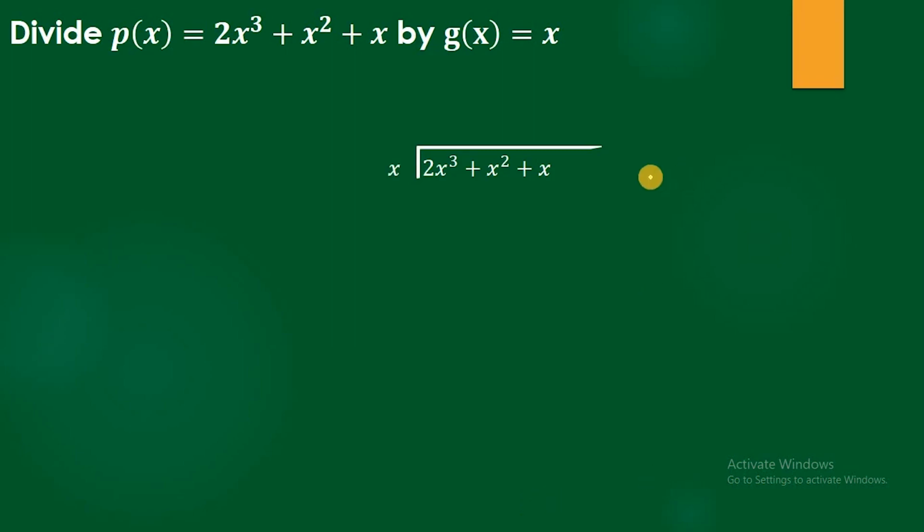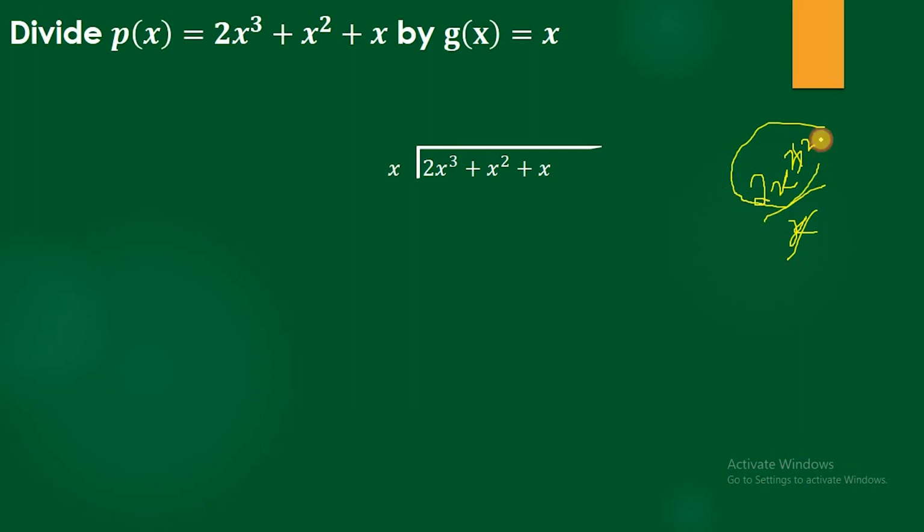The first thing you do is take the first term of the dividend, that is 2x cubed. We'll divide this by x. Here x and x get cancelled, you'll get 2x squared.